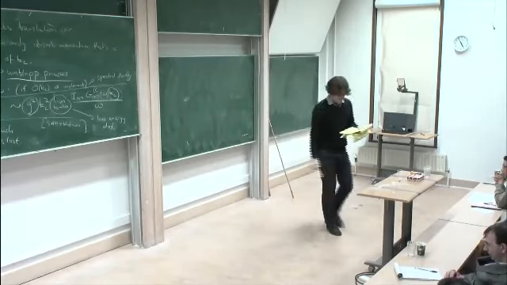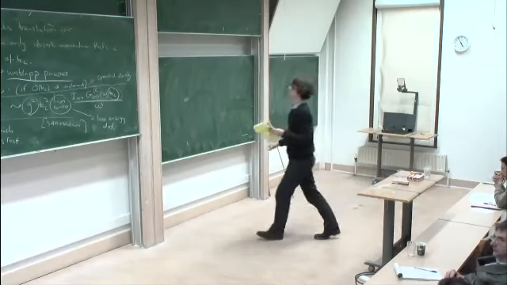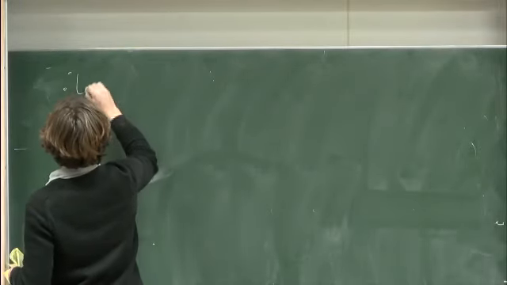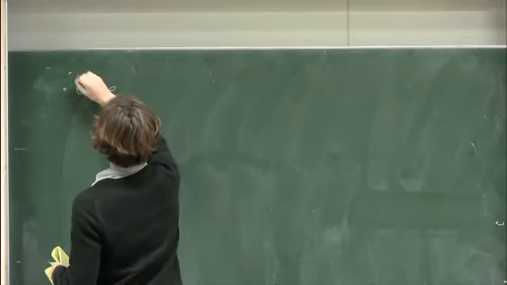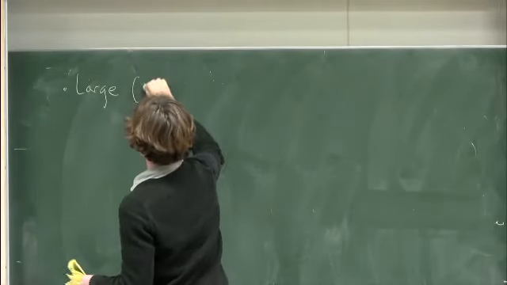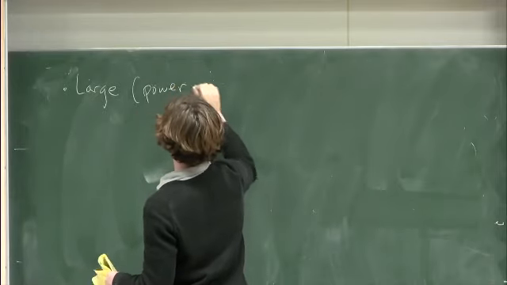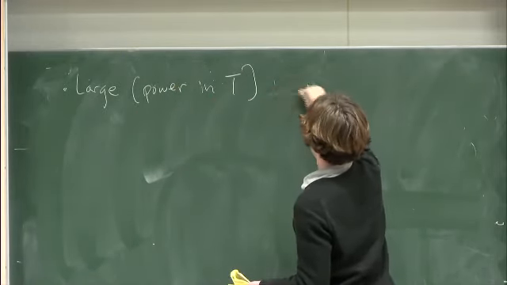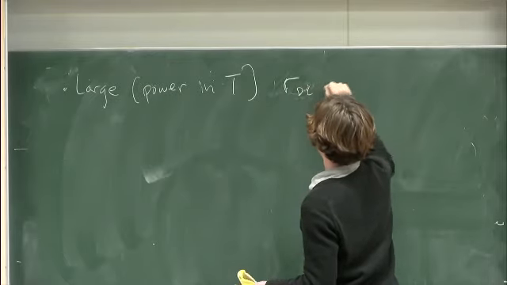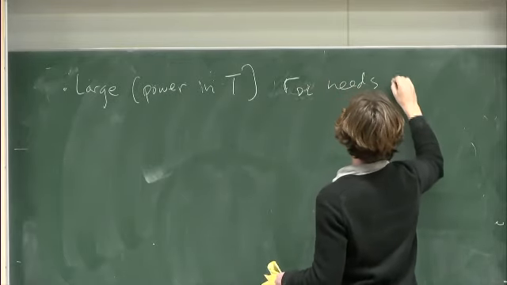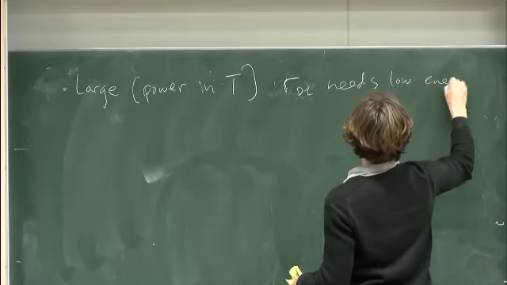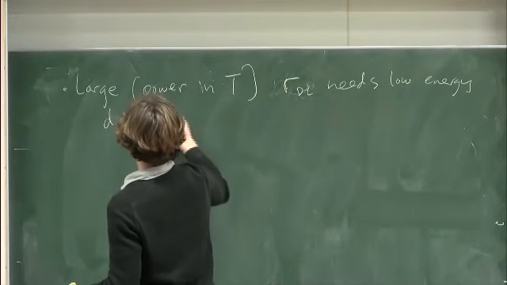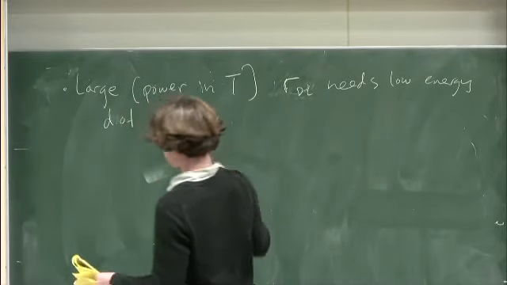So the moral is: a large resistivity, by which I mean power law in T as opposed to exponentially small, needs low energy degrees of freedom at k lattice.